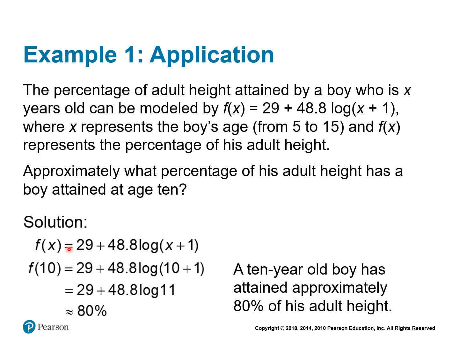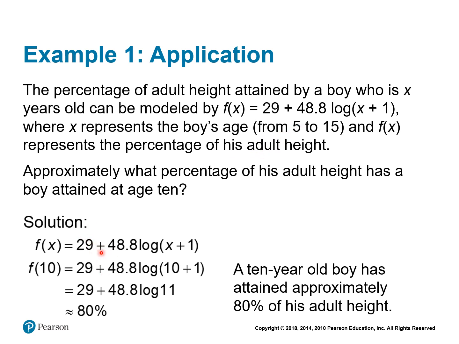So here a logarithmic function is given. x will be a boy's age, but it will be between the ages of 5 and 15. So here you see the domain is restricted between 5 and 15 inclusive. The f of x is the percentage of his adult height.